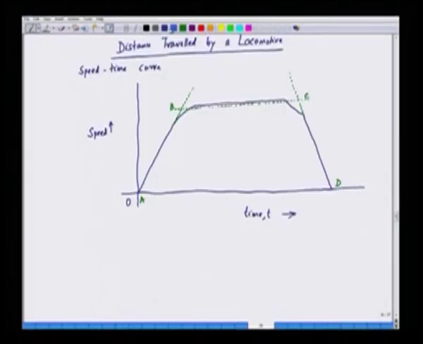So, what we have here is the following. This time is the time for acceleration approximately. We call that T1, that is the duration for which it accelerates, and then the free running time, and we call that T2. And then we have the braking time.